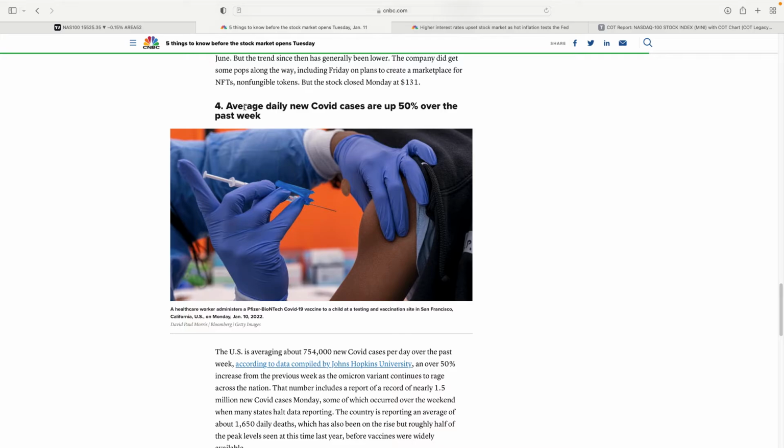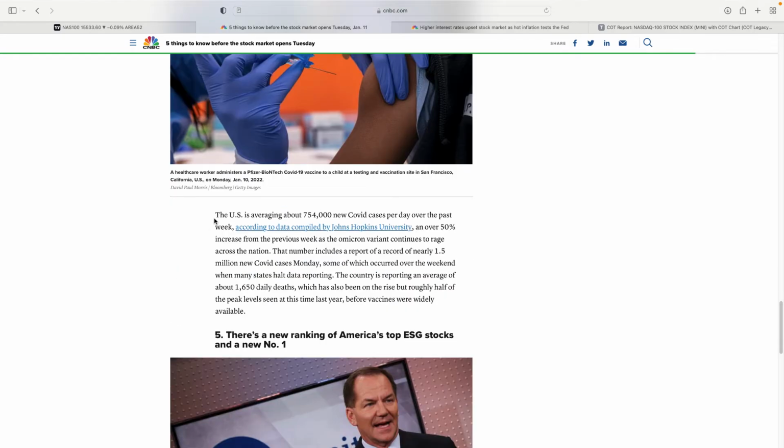So the average daily new COVID cases rose up to 50% over the past week. In the United States, it's averaging about 754,000 cases per day. Okay, per day, not per week. Per day over the past week, and you can already imagine that's almost 7 million in 2 weeks, according to the data compiled by Johns Hopkins University, and over a 50% increase from previous weeks as the Omicron variant continues to rage across the nation.